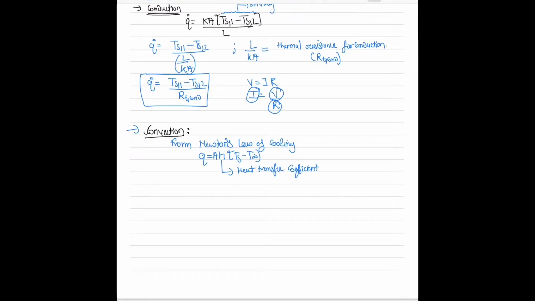So in this case also we can rewrite Q as T surface minus T infinity divided by 1 by AH, where 1 by Ah is called thermal resistance for convection.